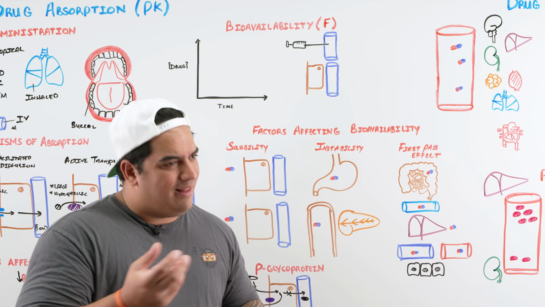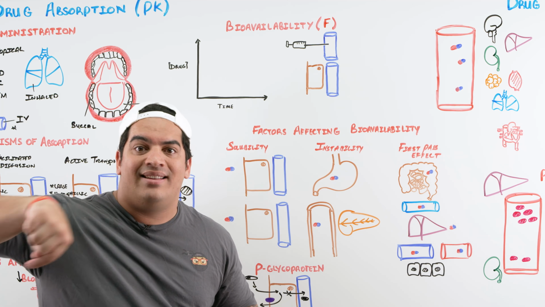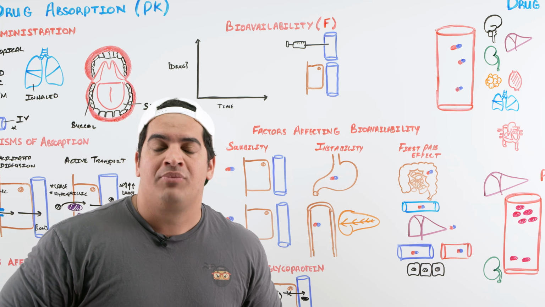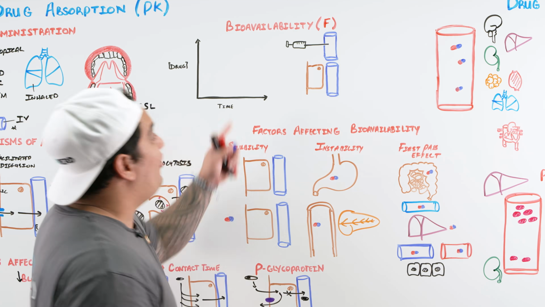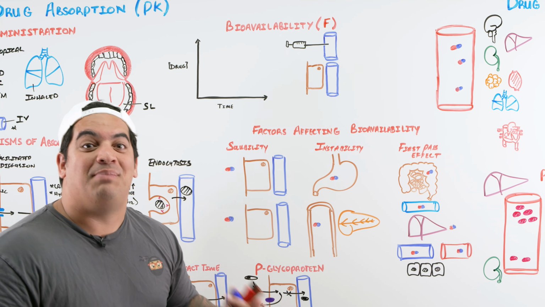And likely, not all of that drug that you take orally is going to make it into the bloodstream. So the bioavailability of that drug is not going to be 100%. So when we talk about bioavailability, we're really comparing IV to the other route, which most commonly is PO.